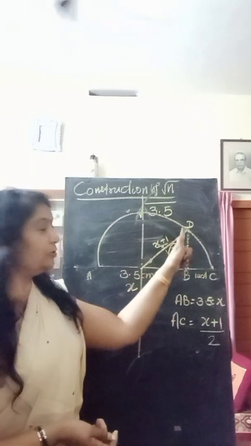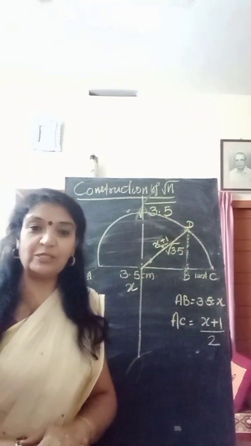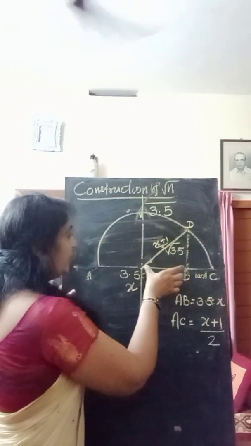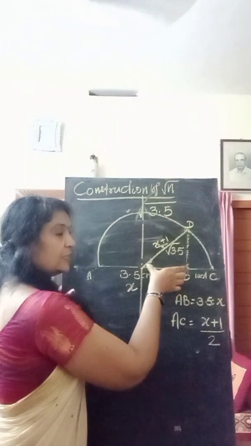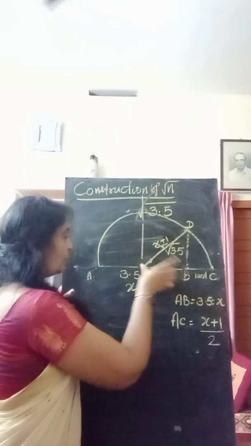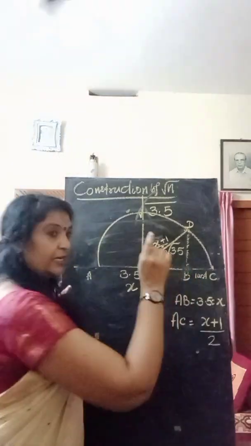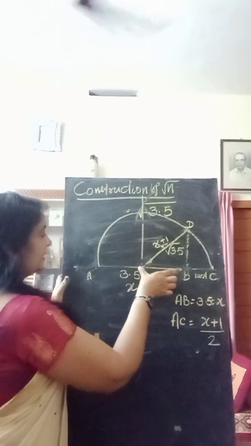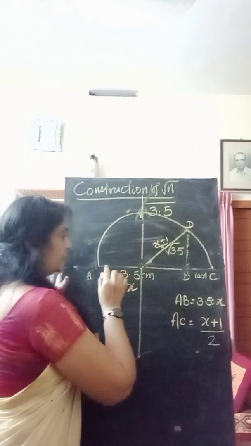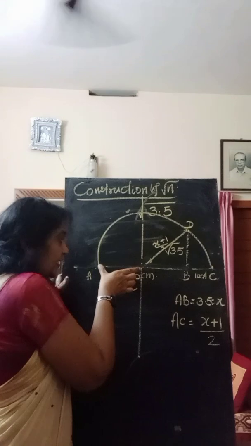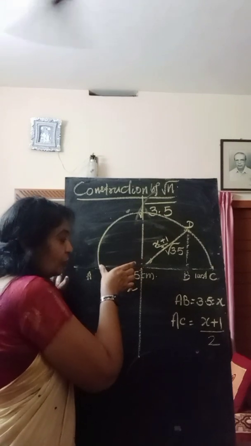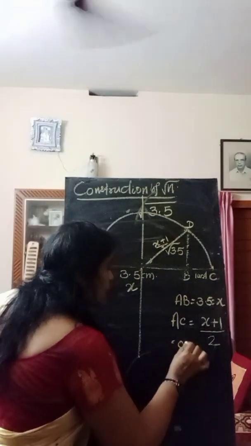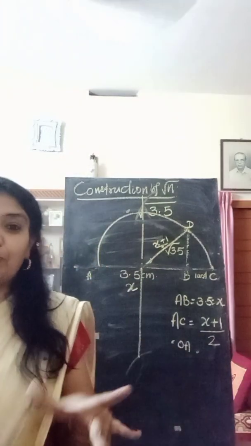Pythagoras theorem: hypotenuse square, that is x plus 1 by 2 whole square, minus base square. What is base? OB is AB minus OA, that is x minus x plus 1 by 2.